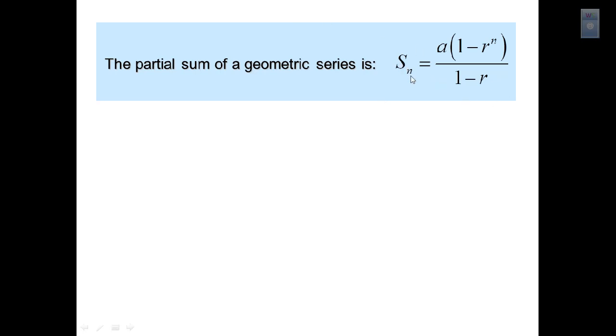But it's S sub n, where n is the number of terms you're adding, is equal to a times (1 minus r to the nth power), divided by 1 minus r. Now, the easy way to remember this is the fact that if we find the infinite series, S, just S, not S sub n, it's a over 1 minus r, or a sub 1 over 1 minus r. So all we're doing is multiplying by 1 minus r to the n power. So we're multiplying r that many times.